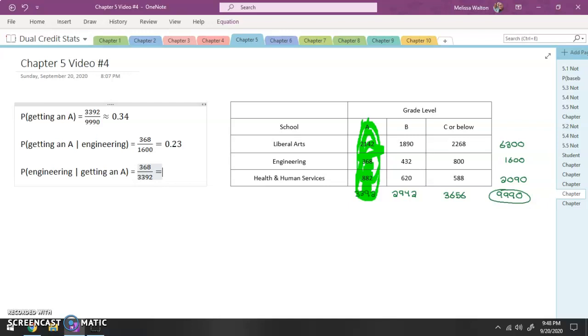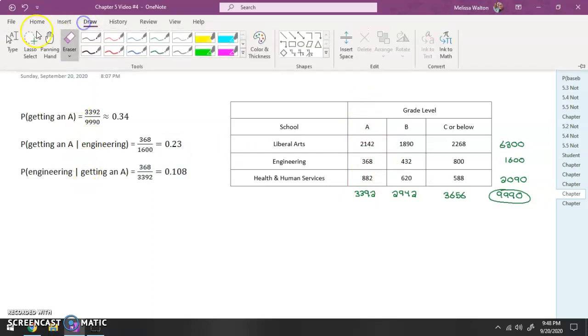If I divide that out, 368 divided by 3,392, that is 0.108, so right around 11%. So these two conditional problems, they look very similar, but they are not the same.